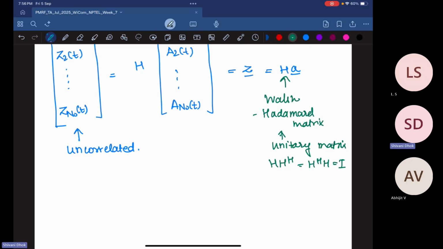Okay, so now what do we mean by it being uncorrelated?